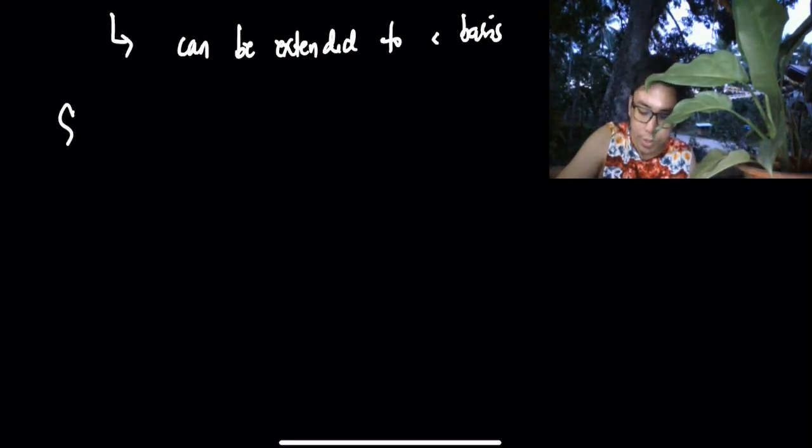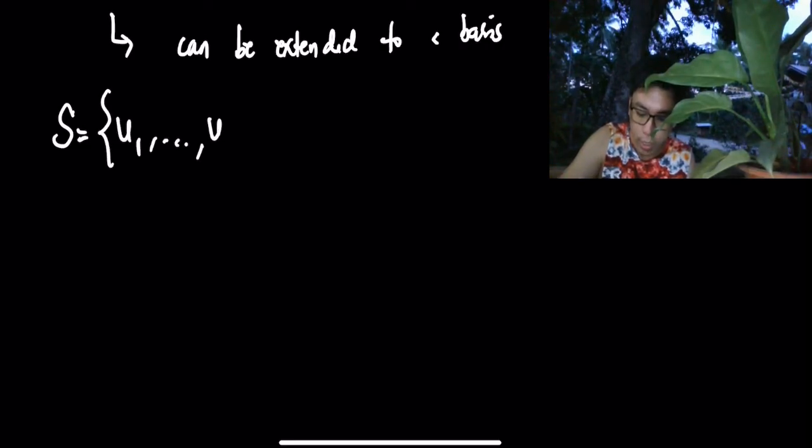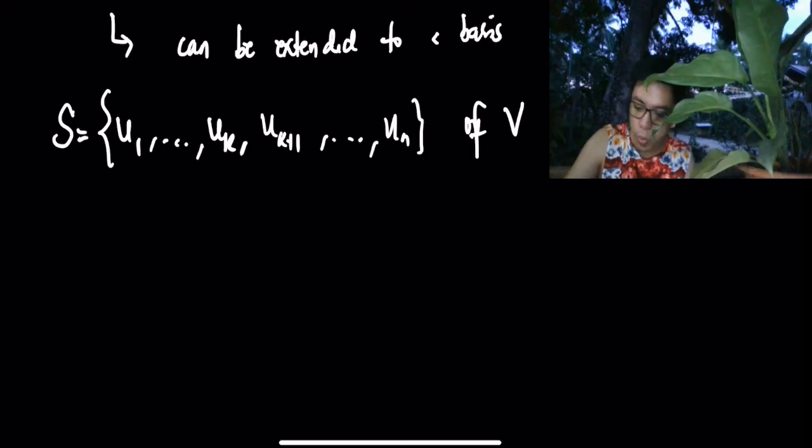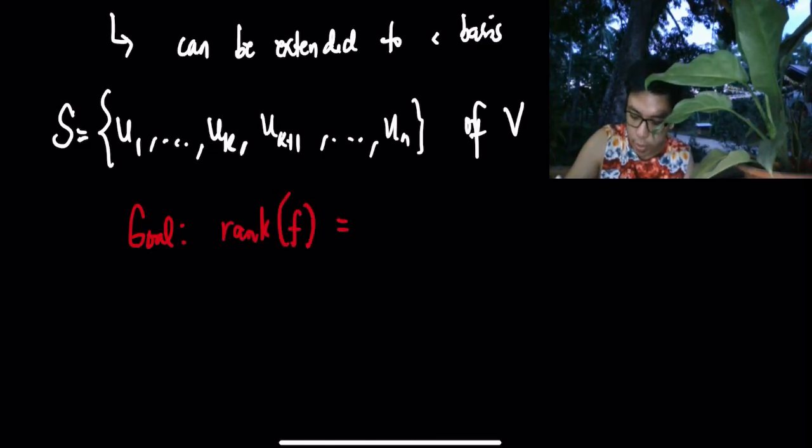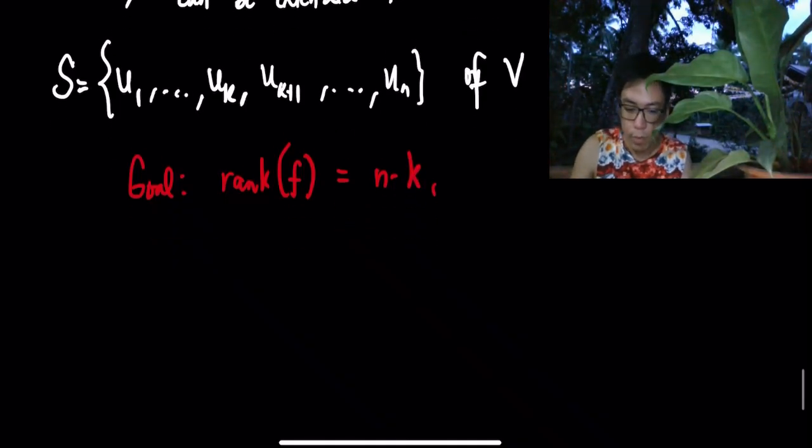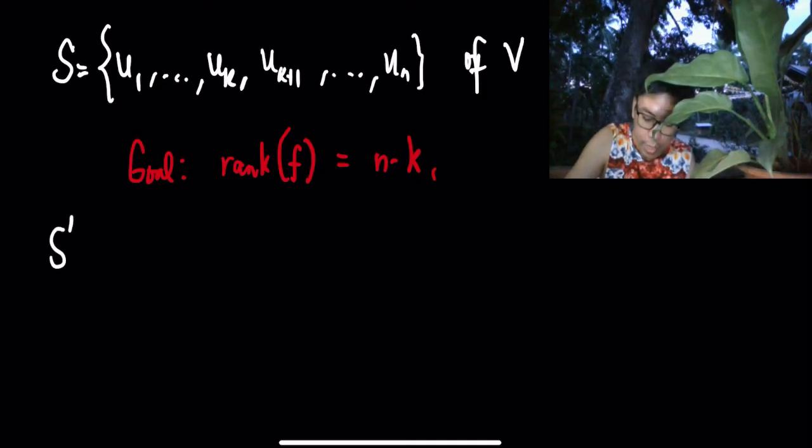So in this case, we consider S here, the set u1 up until uk, and then uk+1, because we extend that up until un. Our goal, by the way, is to show that the rank of F is equal to n minus k. So we will assume that we have another set S prime. In this case, this is the image.